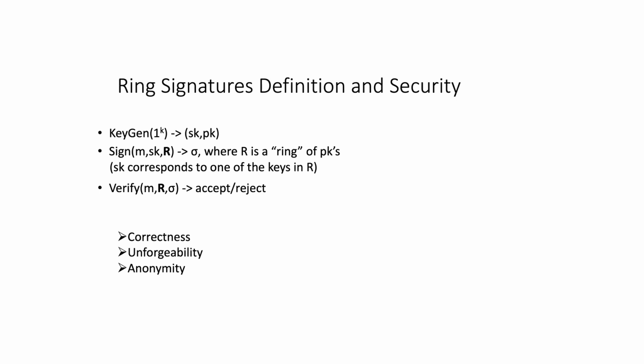The important property that you get here, and again I'm not going to formalize things, I'm going to go a little bit faster on those last two signature schemes, is that you actually want anonymity. What does this mean? This means that when you see a signature, you don't know who was the signer in the ring, who was the user that signed. Notice that this is different than threshold signatures because the signing algorithm is not interactive.